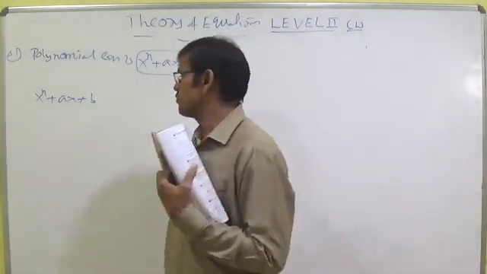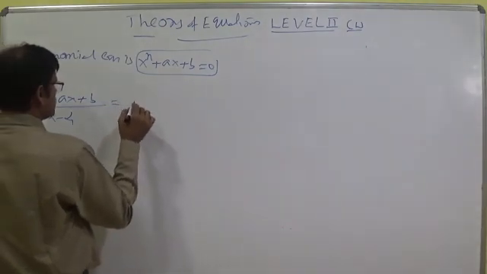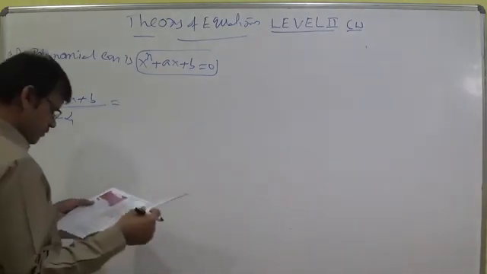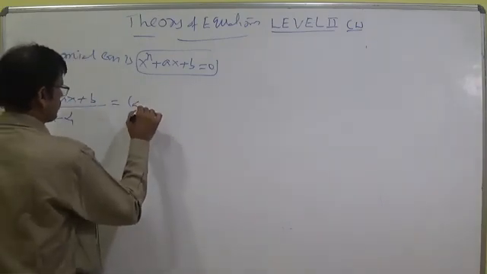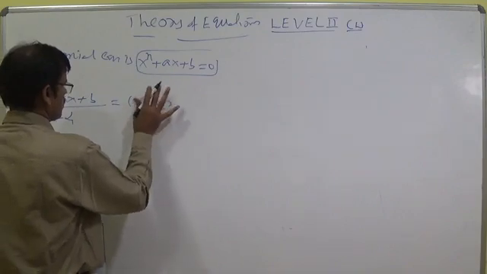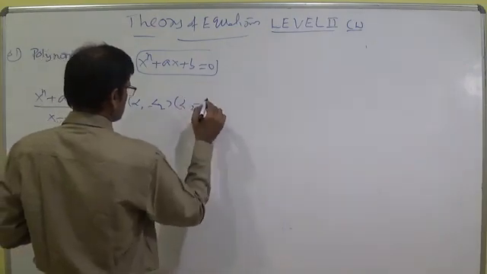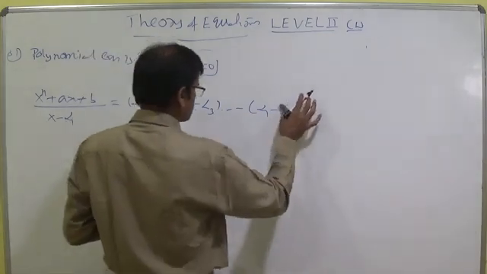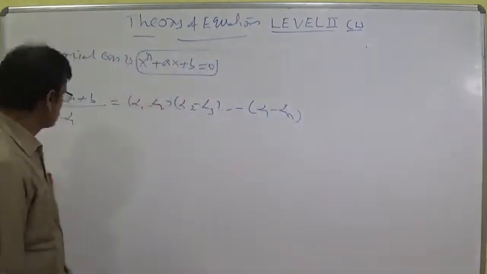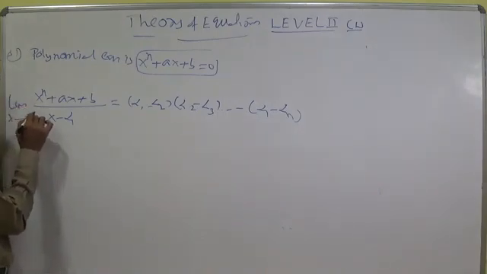In this way, you can write x power n plus ax plus b by x minus alpha 1 is equal to x minus alpha 2 into x minus alpha 3, and so on. Then alpha 1 minus alpha 2, alpha 1 minus alpha 3, up to alpha 1 minus alpha n is nothing but the limiting case of dividing like this, limit x tends to alpha 1.